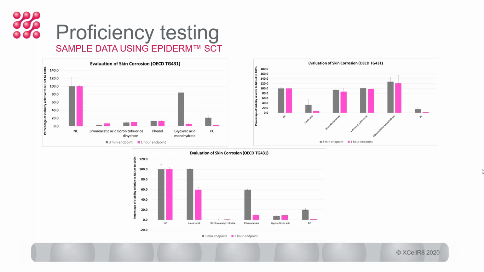Those are carried out alongside the designated negative and positive controls, and those bars represent the percentage viability in each case compared with untreated skin model negative controls. So you can see there's a wide variety of corrosive potentials across that range of reference chemicals. Okay, next slide please, Dave.